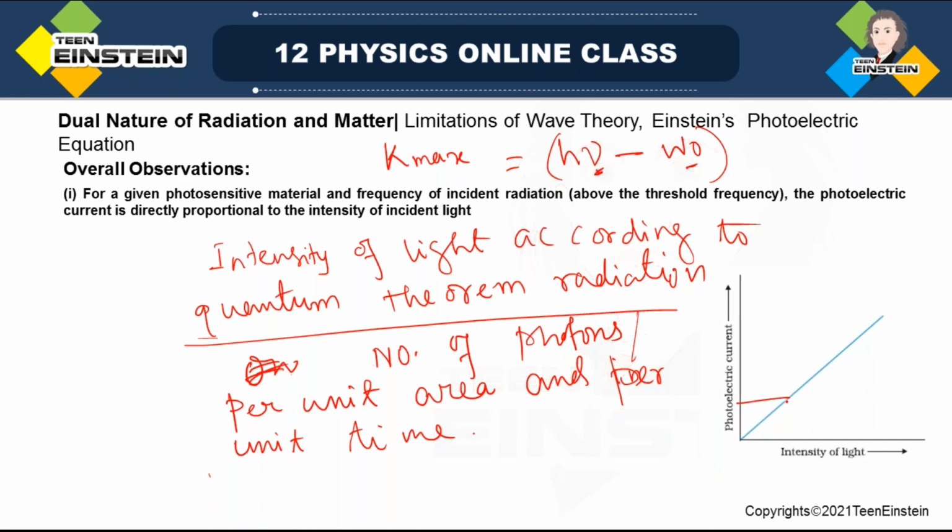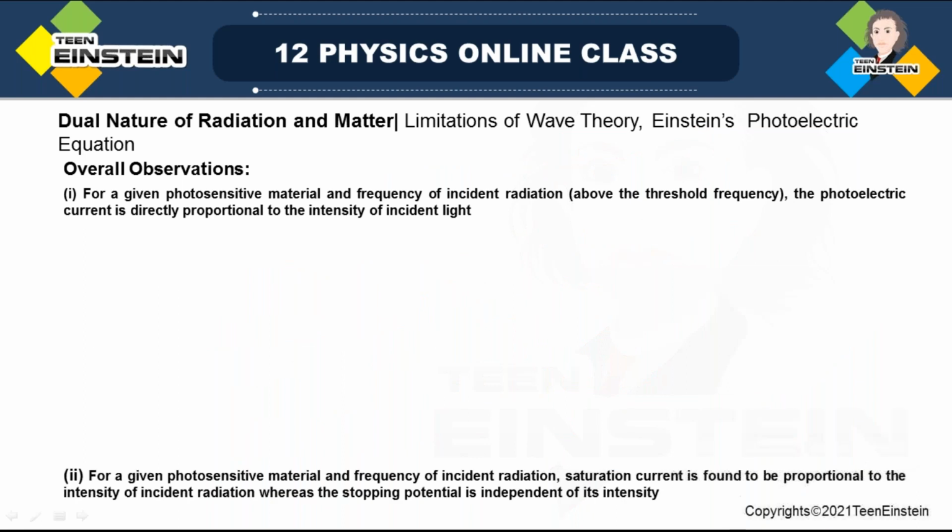Current is Q by t, so if the charge is more in a given time, this will give rise to more photocurrent, because your photons are bombarding more electrons as you increase intensity. Okay, this part is over.